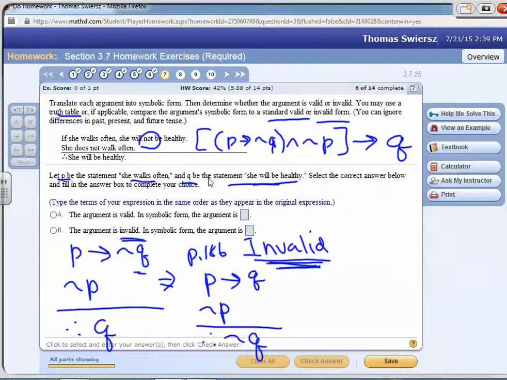Again, you don't need to worry about that because we did it matching one of the invalid forms. So if P, then not Q, and not P, you cannot conclude Q, because it is invalid. It matches one of the invalid forms. All right, let's go ahead and put that in and make sure we have it correct.